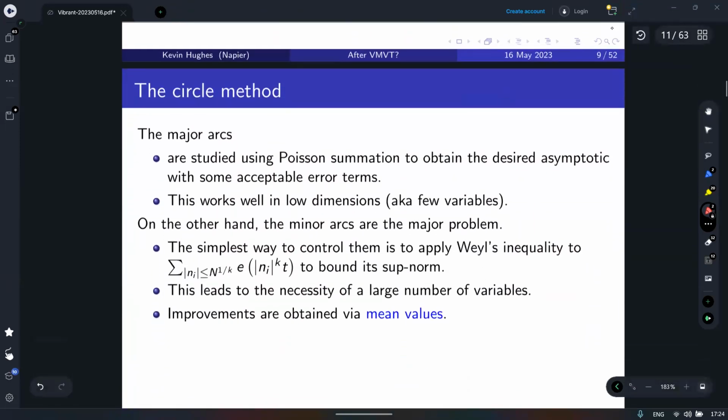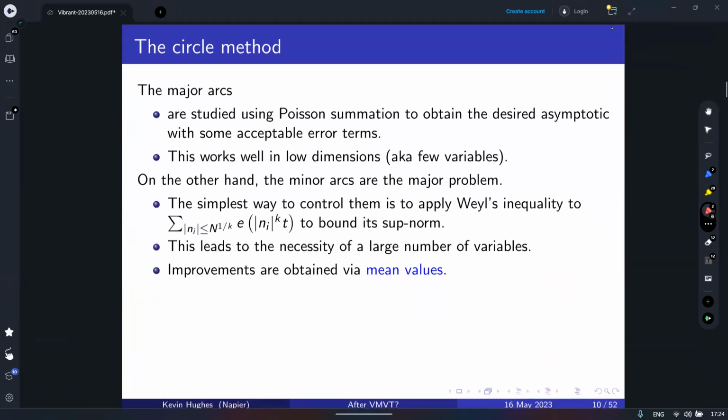So just to give an overview of how you use the circle method and how you go from there. In order to tease out this information from the low frequencies of the major arcs, use Poisson summation or some tool like that to get these asymptotics. That works pretty well in a few variables. And the real difficulty happens to be those minor arcs, what's left over. One of the simpler ways to control those is to use Weil's inequality.